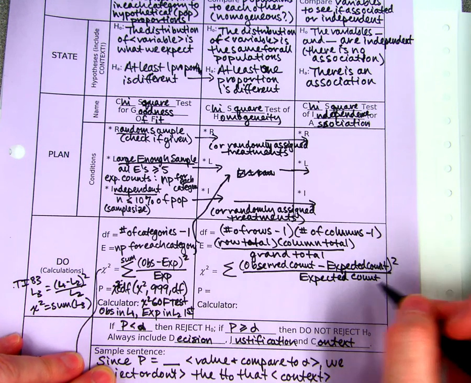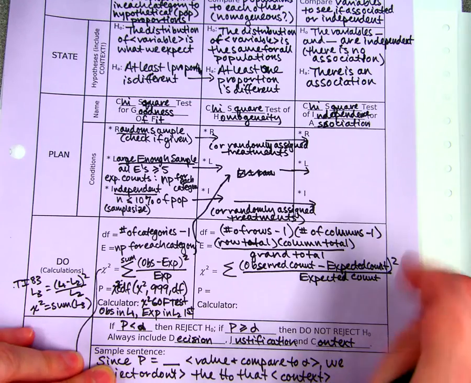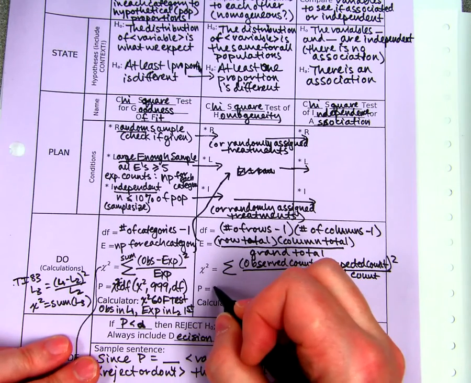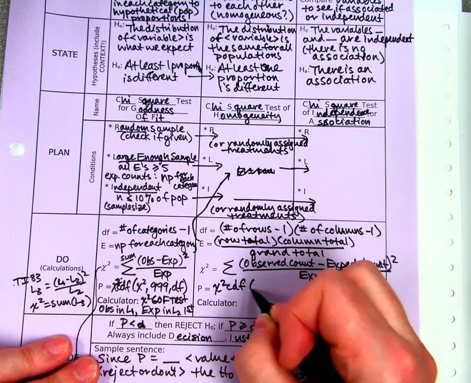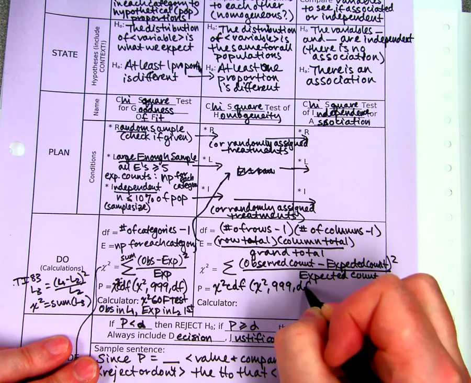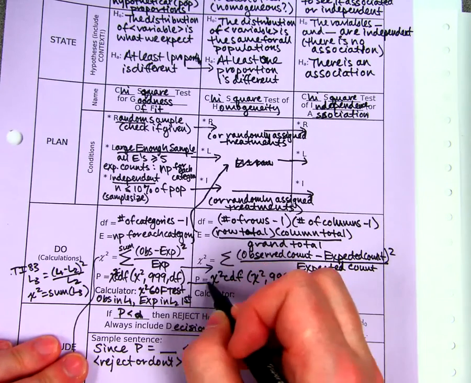The calculator, again, will do that for you, but you should write out a few of them and put plus signs in between to show me that you know the formula. And then the p-value is either the calculator finds it or you do chi-square CDF, chi-square and 999 and DF. So that's the same as before, and that's kind of comforting. So these are the same and these are the same.